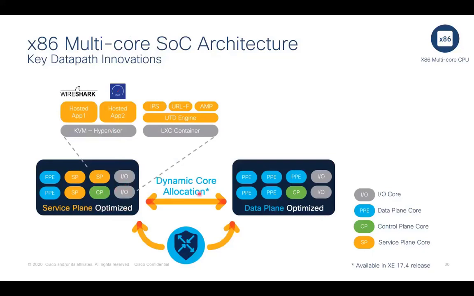So this is an innovation we are getting in x86 multi-core SoC architecture where dynamic core allocation is possible. We're supporting this from the 17.4 release, where a user can customize flexibly. If he wants more services, I will boot the device in service plane optimized mode, which is the default mode. And if I want more data throughput, I will boot it in data plane optimized mode. That's really flexible, right?